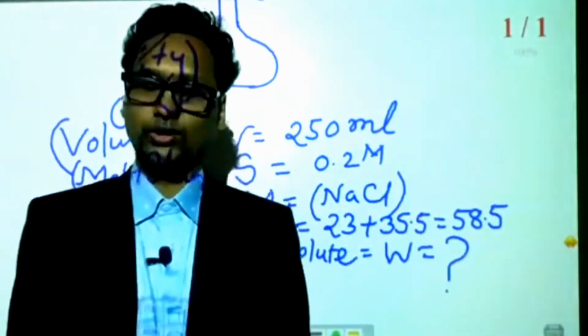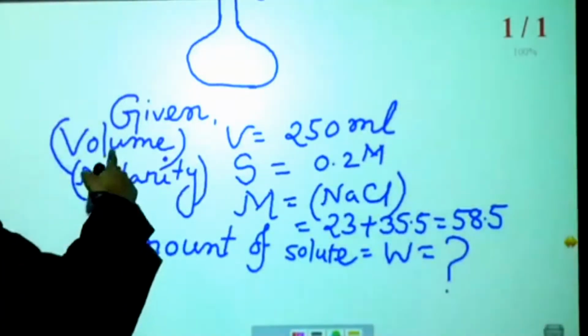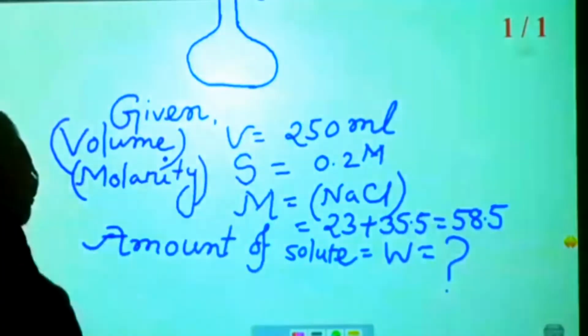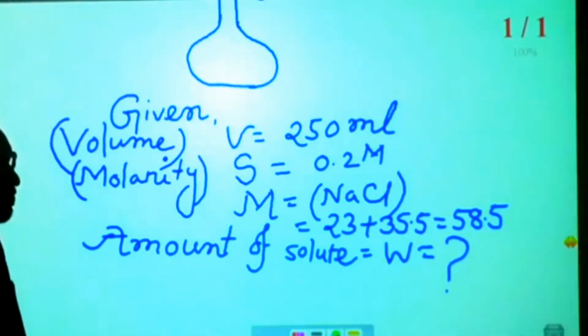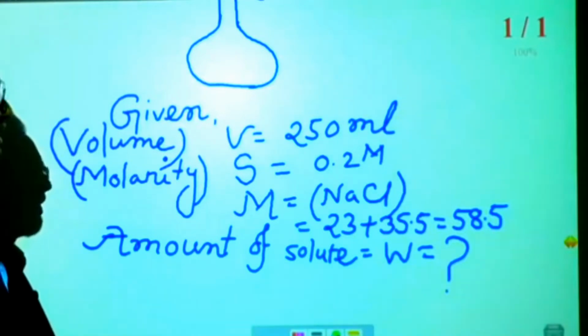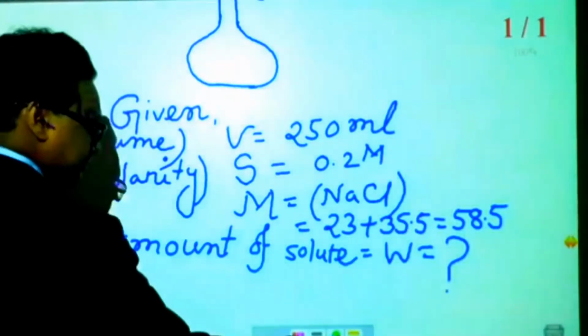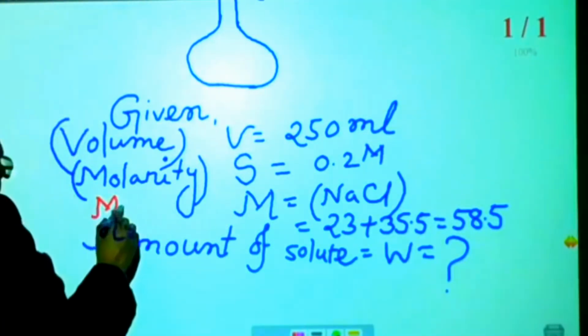My dear students, listen to me carefully. What is given here? Given volume V 250 milliliter, molarity or molar concentration here is shown as 0.2 molar, and molecular mass also you can write here.